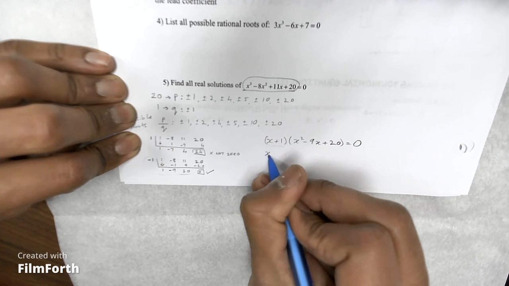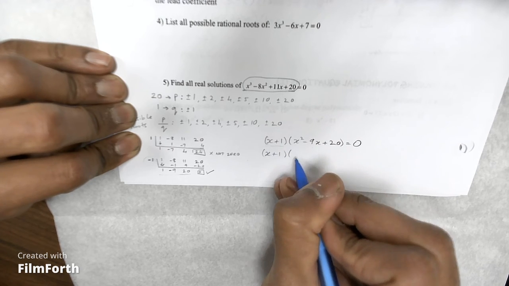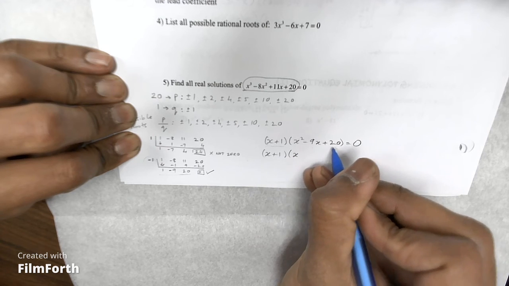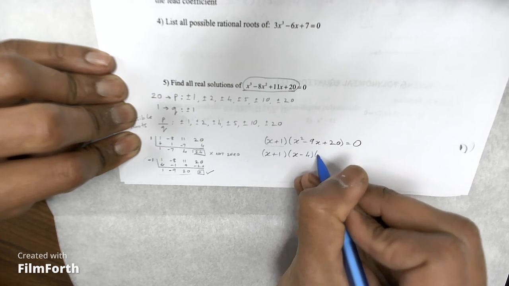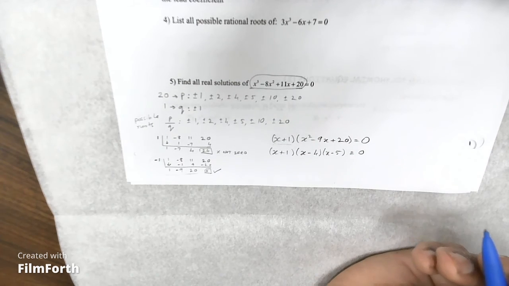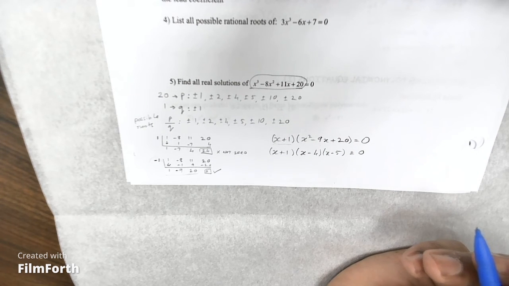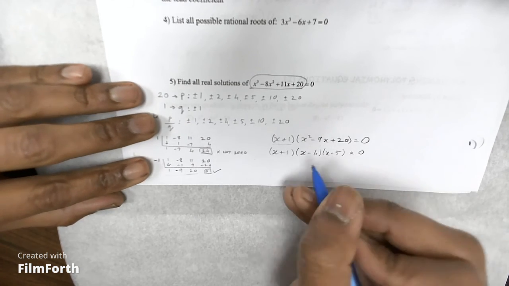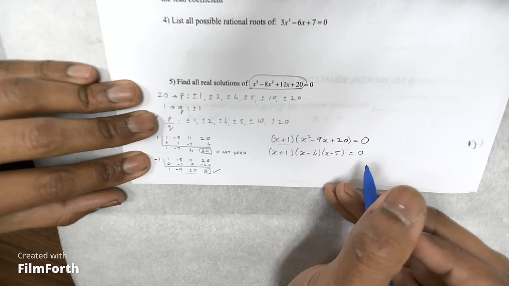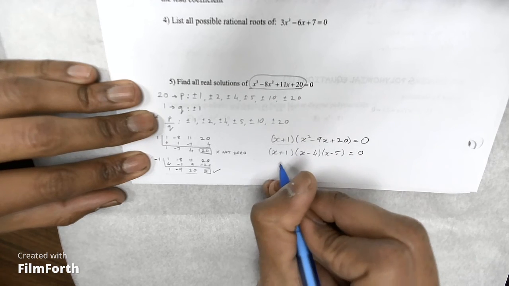By now you need to know how to factor this because we've been doing this for a few months now. And I will get x minus 4 and x minus 5 from that. Now we can see what values of x will satisfy this equation.